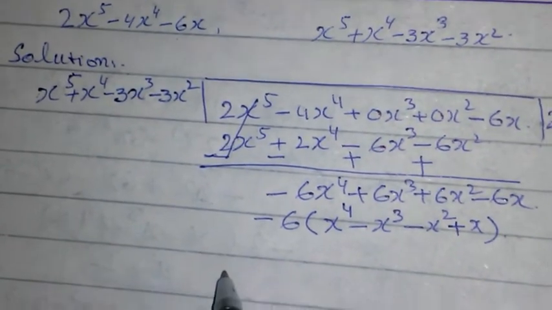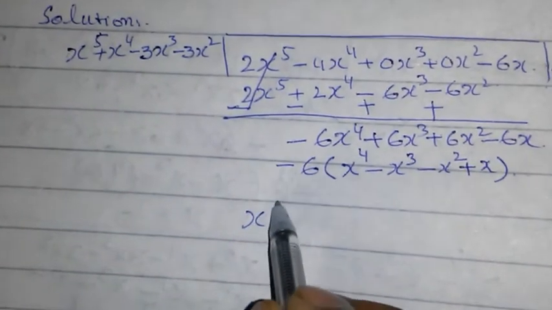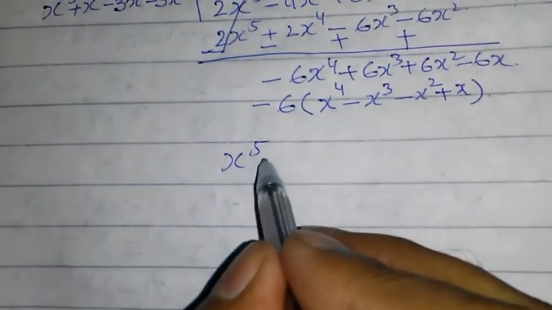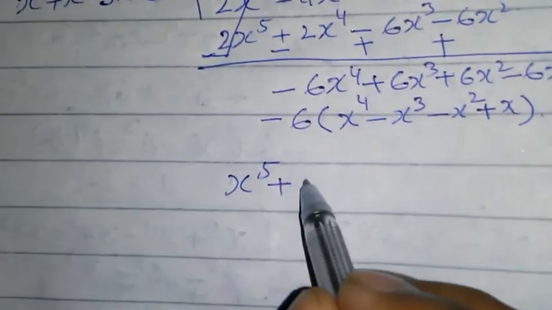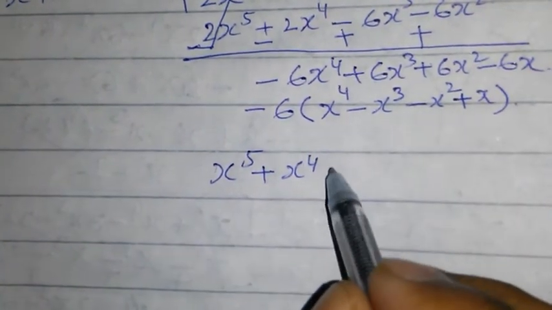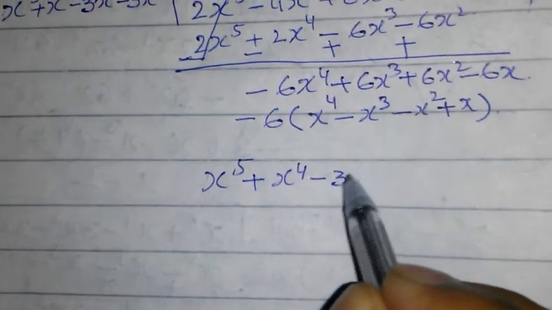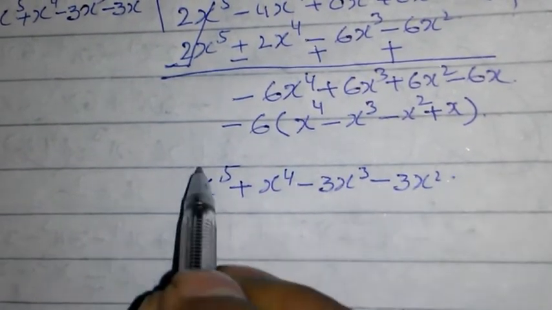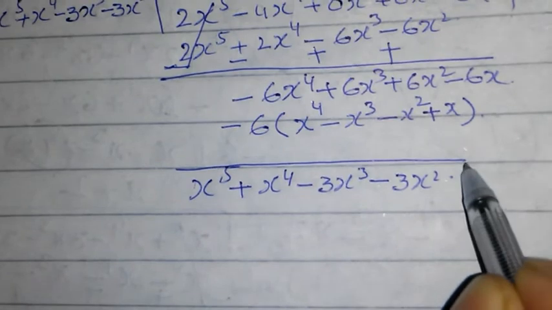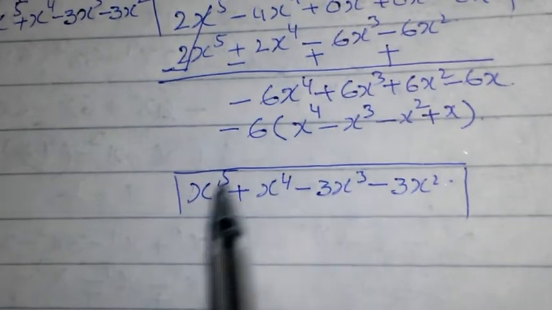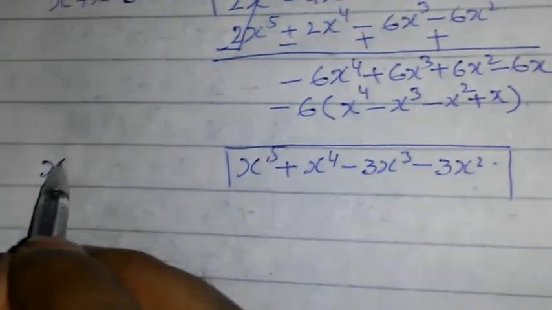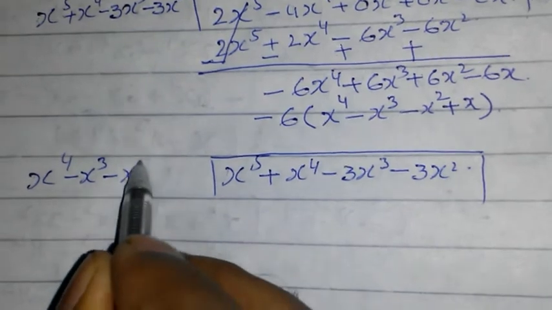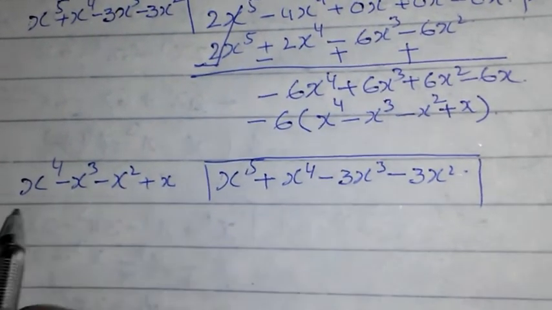Now write the second expression here: x to the power 5 plus x to the power 4 minus 3x cube minus 3x square, and divided by this expression: x to the power 4 minus x cube minus x square plus x.